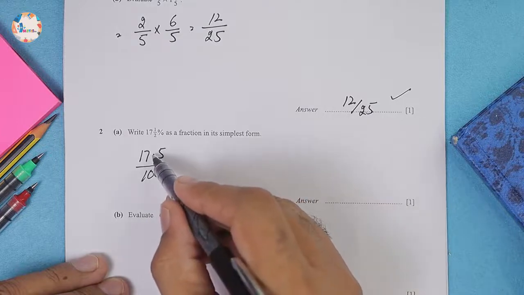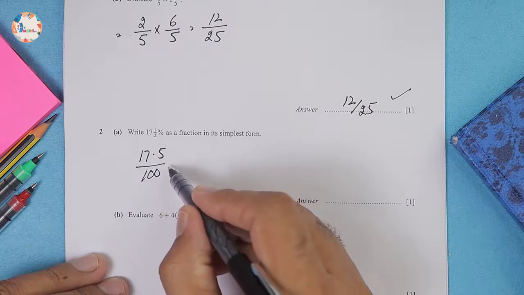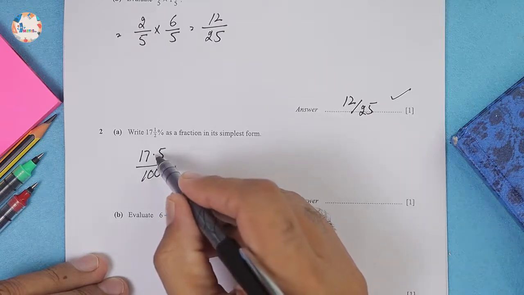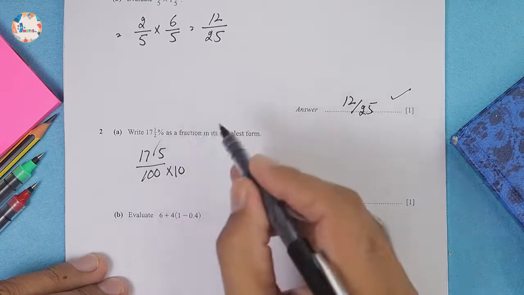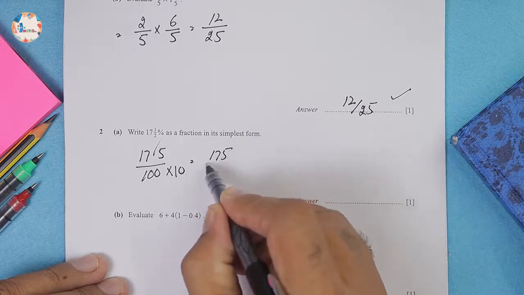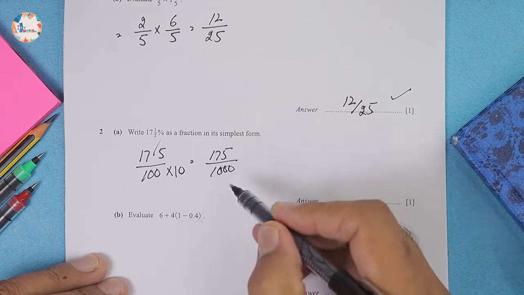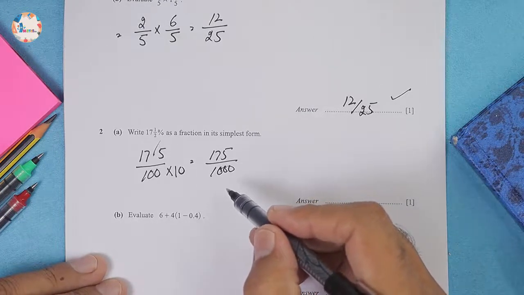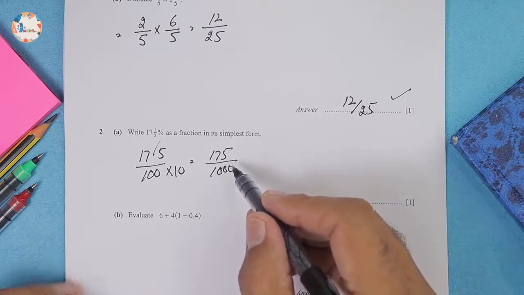To get rid of this decimal, under the decimal we put 1, and for the 5 we put 0. Now our new equation will be 175 divided by 1000, and now we can do cancellation.